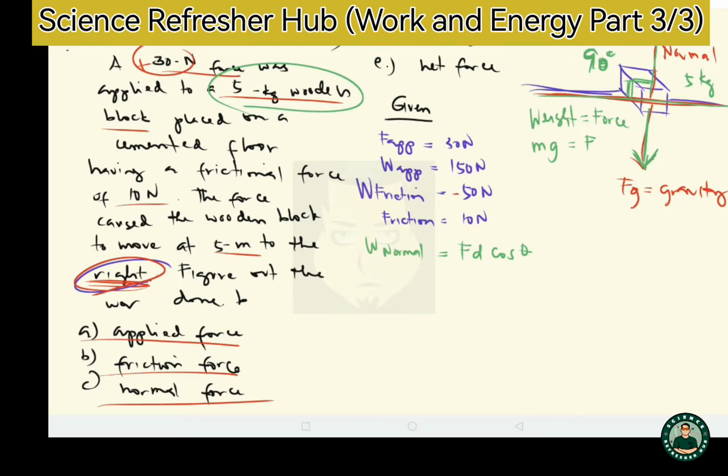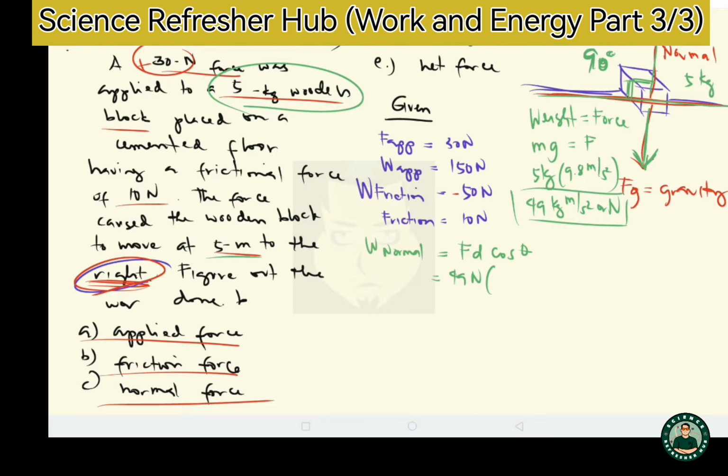So the mass in this illustration is 5 kilograms times 9.8 meters per second squared, gravity on Earth. If we input it to our calculator, we'll have 49 kilogram meter per second squared, also known as Newton. So our force here is going to be 49 Newton times the displacement of our moving object.